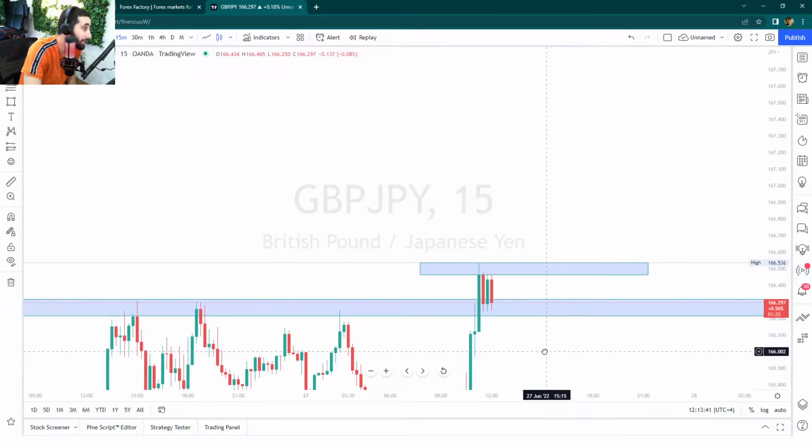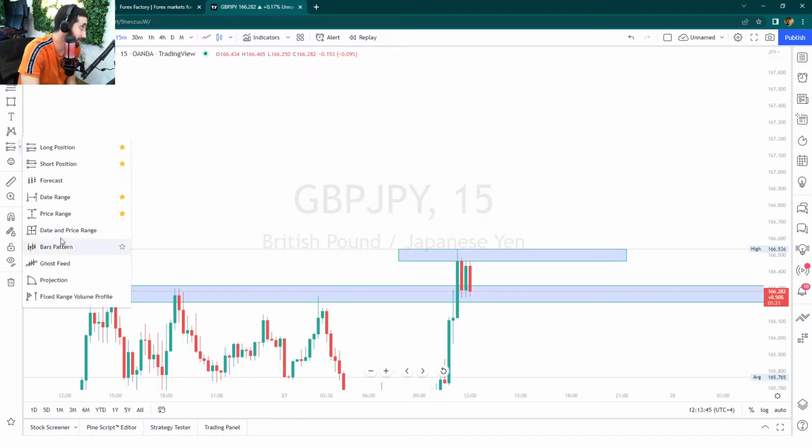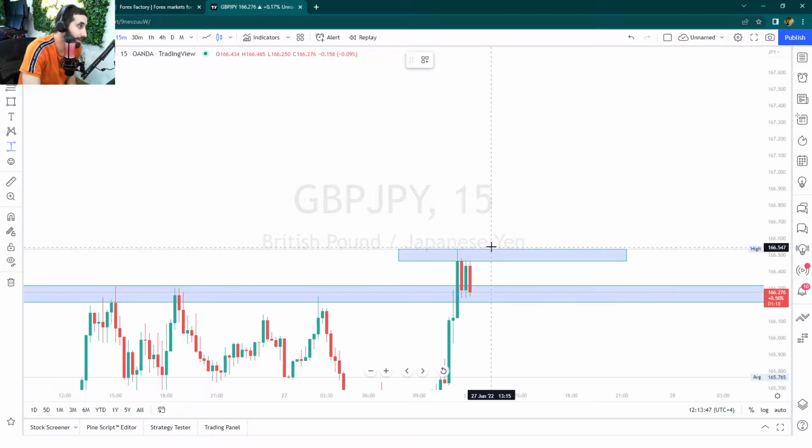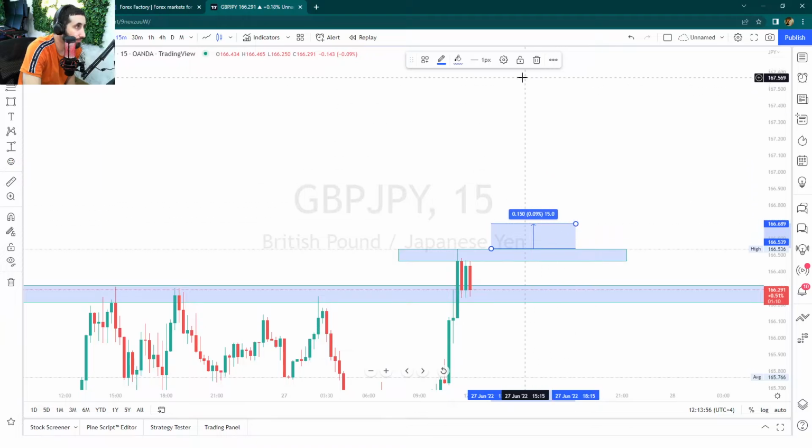So now, at this point, we don't want to trade. I would be considering trading starting from here. Look at this. Let's say me personally, I'm more than satisfied with just 15 pips. 15 pips is like a point, right?